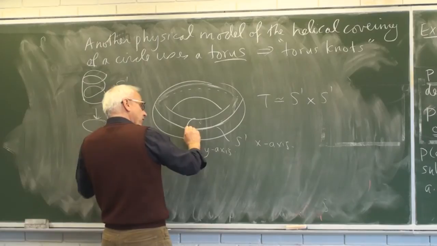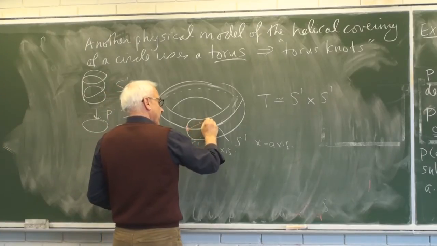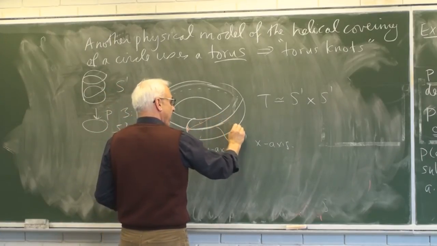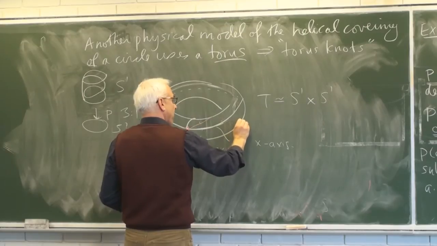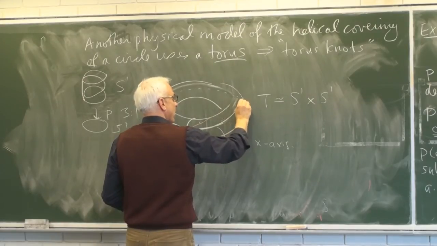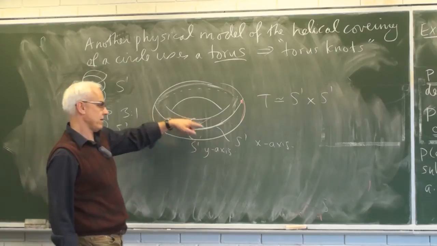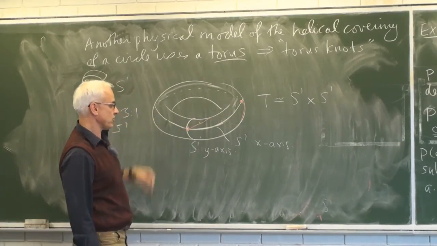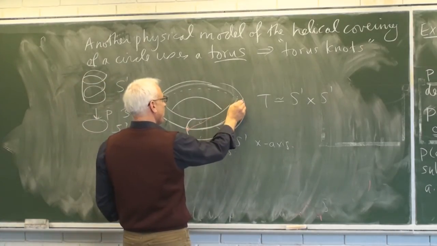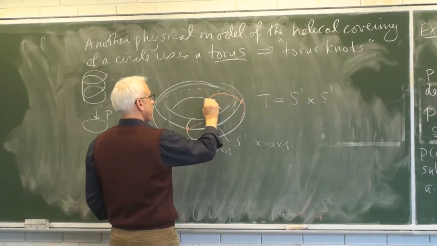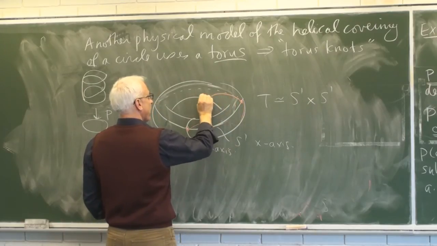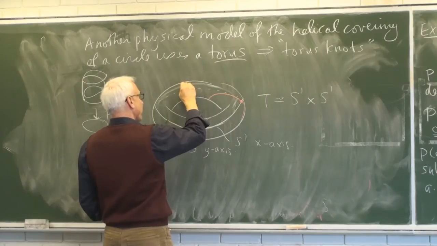Okay, so let's see if we can draw that. So it's going up like this, and it's there, and then it's going back, and then it's up again. Okay, and then now it's sort of back. It's gone 1 rotation around that circle, and now it's keeping on going. And then it comes at the back, and then it comes around the front.